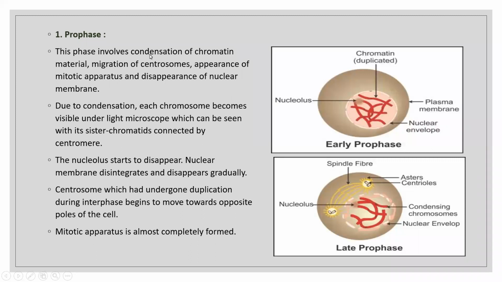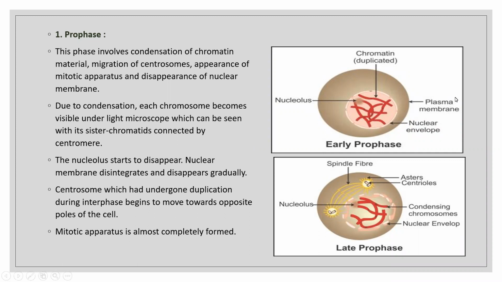So what basically happens in prophase? This involves condensation of chromatin material. The meaning of condensation is that the chromatin material reorganizes itself to form a short and thick structure. So the meaning of condensation is the reorganization of chromatin material.